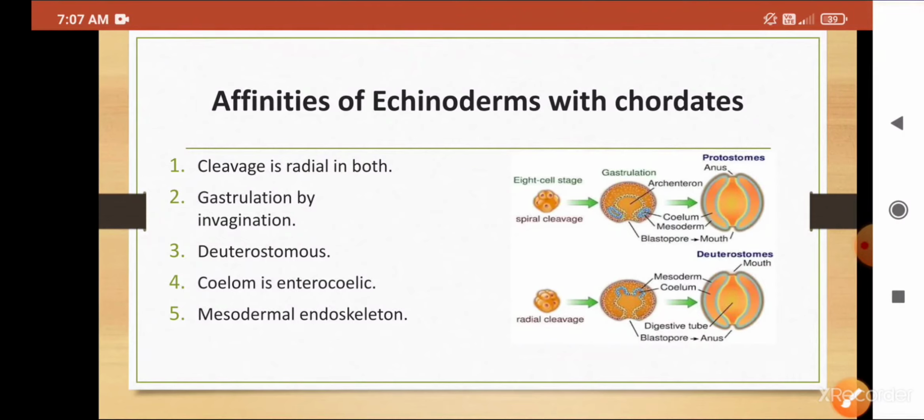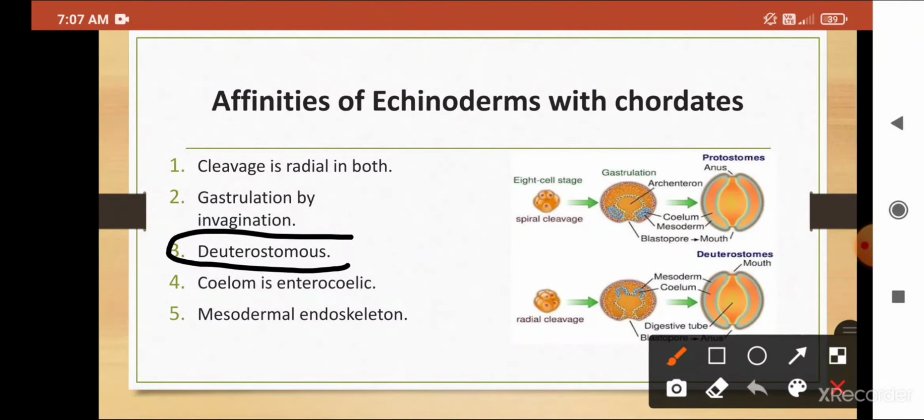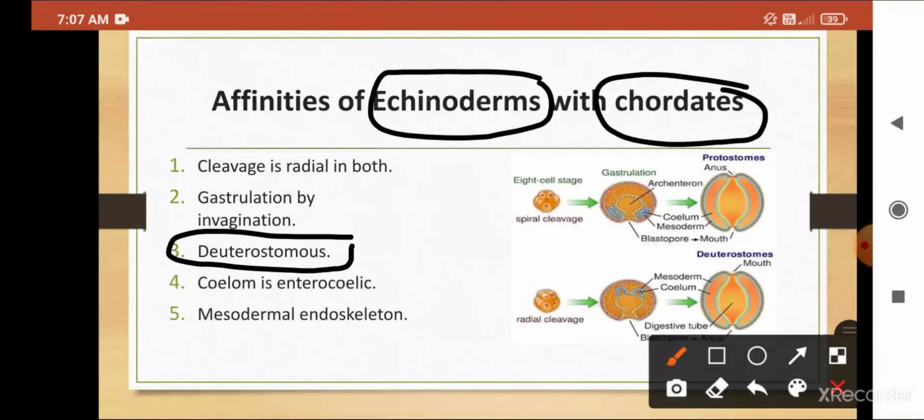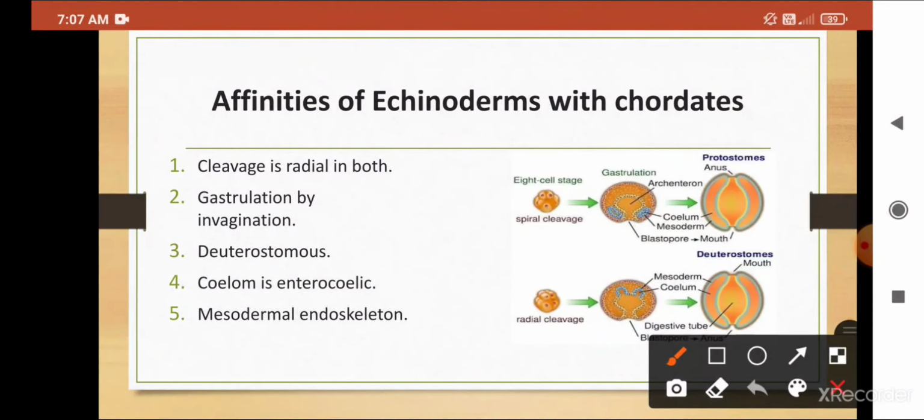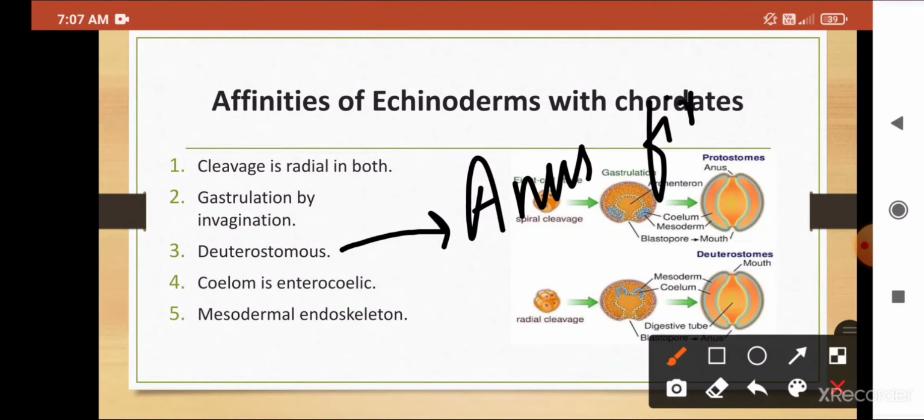Next is the deuterostomous. Both echinoderms and chordates are deuterostomes. Deuterostome means, look at this picture, it is the method in which the anus is formed first, then the mouth is formed later.